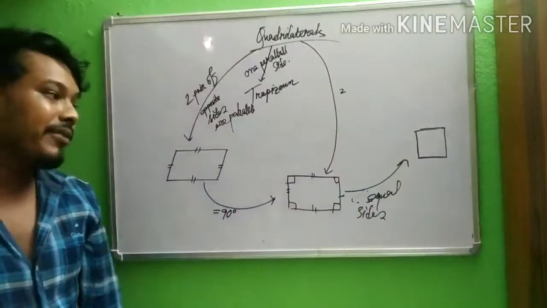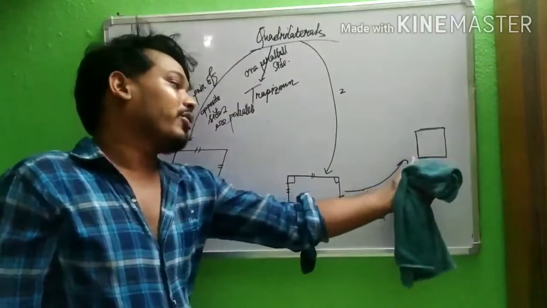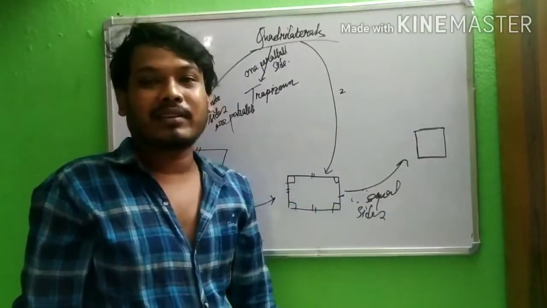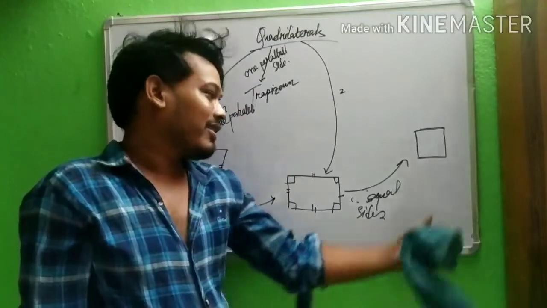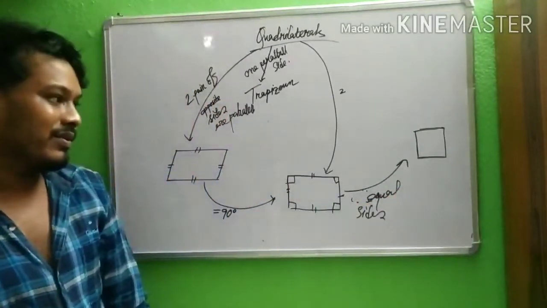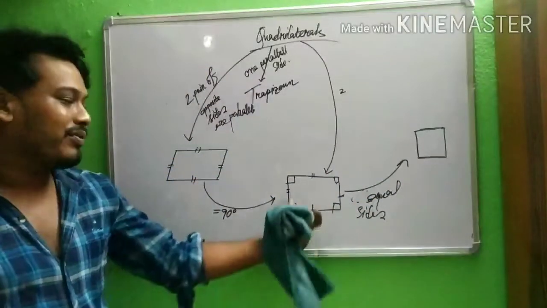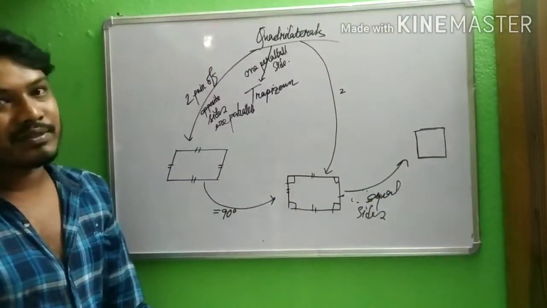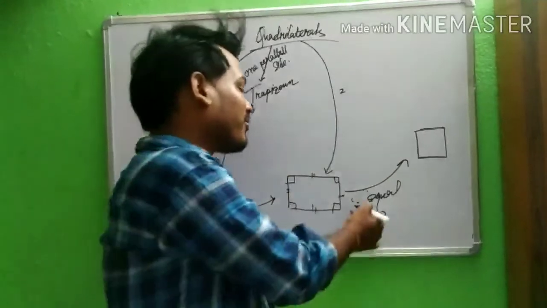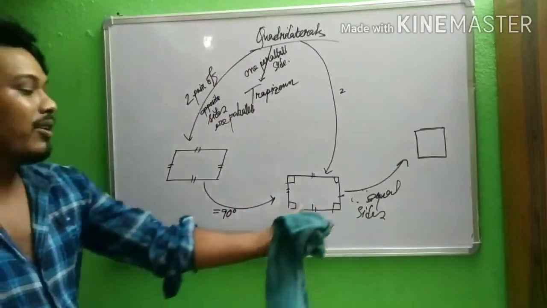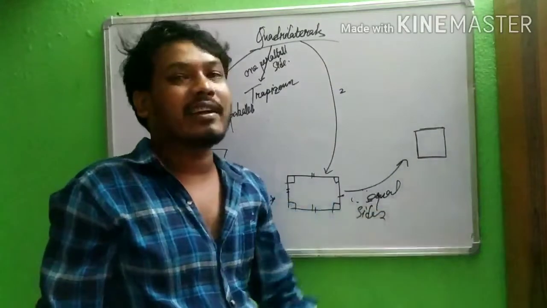So what is the definition of a square? A square is a rectangle whose all sides are equal. Okay. So a square is one kind of rectangle. Okay. So from here you give the definition. What is a square? A square is a rectangle whose all sides are equal.